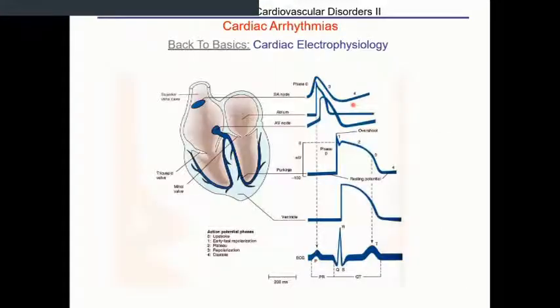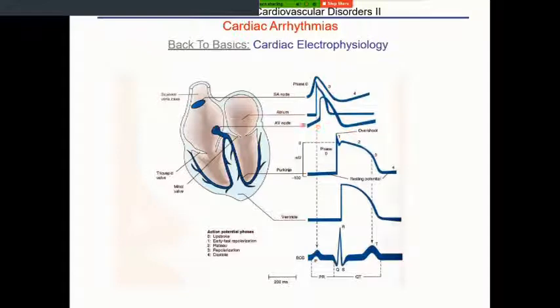If you look at your cardiac electrophysiology, the SA node activity is represented by phase zero inflection. Of course, your atrial activity can also be represented by the spiked wave, and you have the activity of your AV node, which causes a delay.